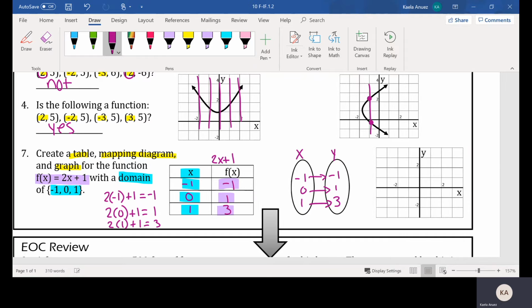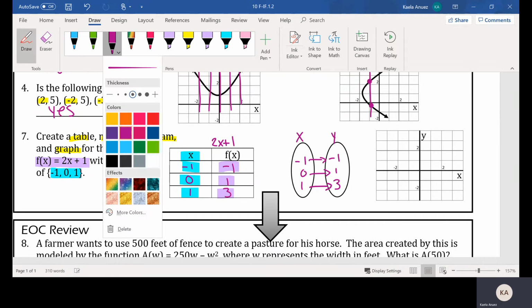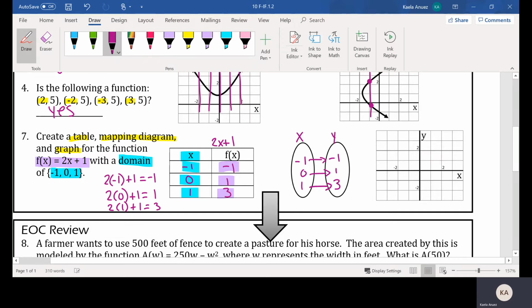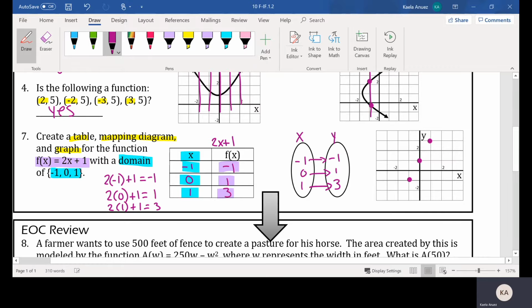On our graph, you simply just plot your points. So we know that when x is -1, y should be -1 as well. When x is 0, y should be 1. And when x is +1, y should be 3. So our graph will look something like this.